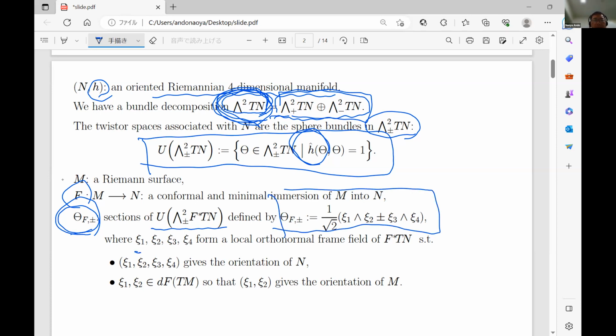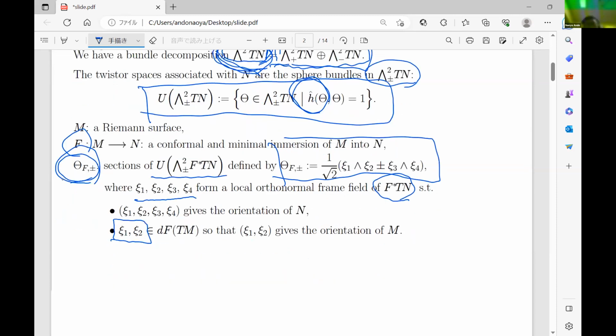Here Xi1, Xi2, Xi3, Xi4 form a local orthonormal frame field of the pullback bundle. We suppose that Xi1, Xi2 are tangent to the surface.